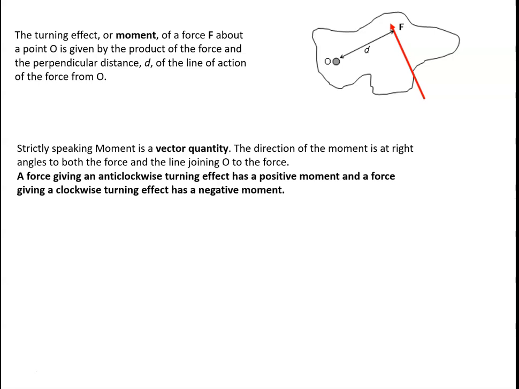Strictly speaking, moment is a vector quantity. The direction of the moment is at right angles to both the force and the line joining O to the force. In practice, though, for the examples that we'll be looking at, a force that gives an anti-clockwise turning effect has a positive moment, and a force giving a clockwise turning effect has a negative moment.